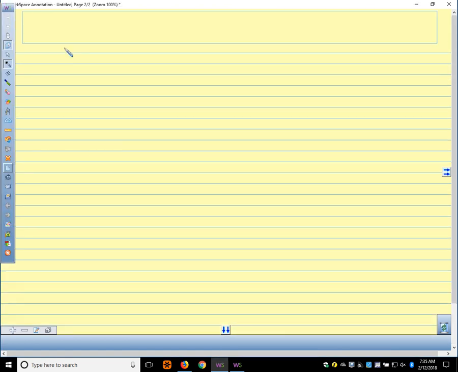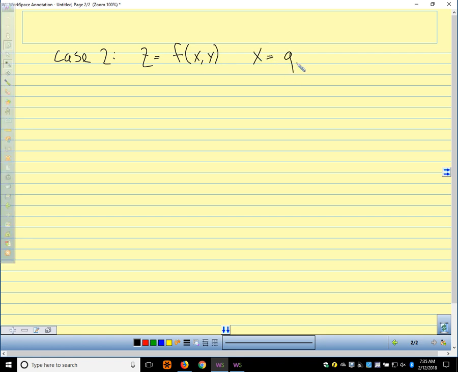So case 2, we're going to have z equals f of x, y, and x is some function of s and t, and y is some function of s and t.